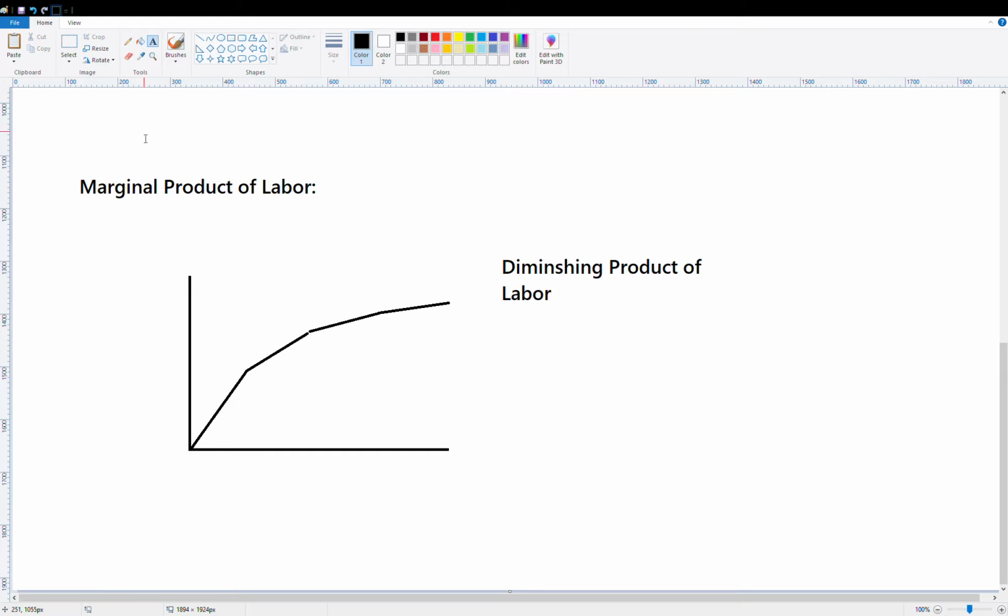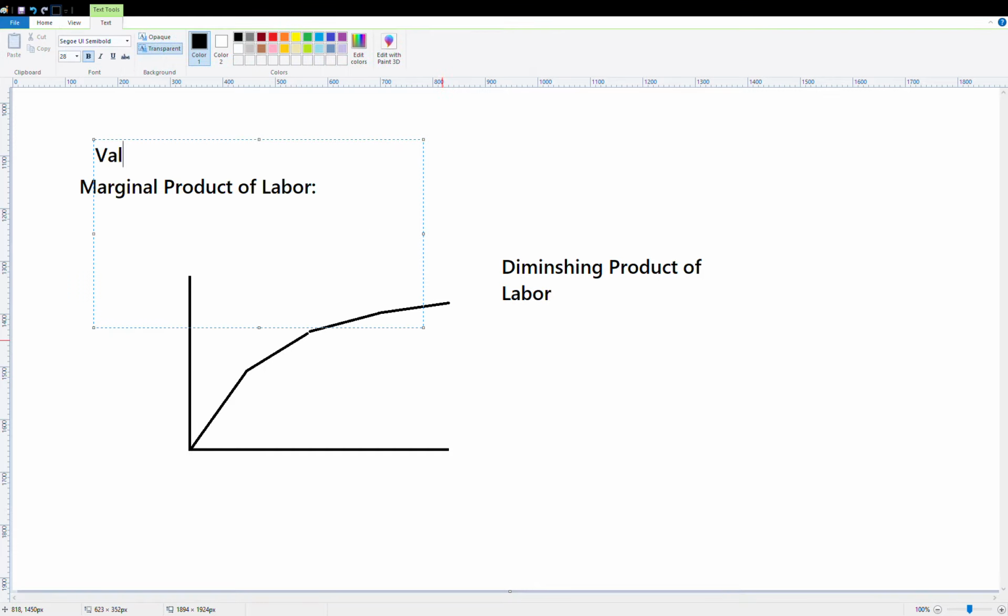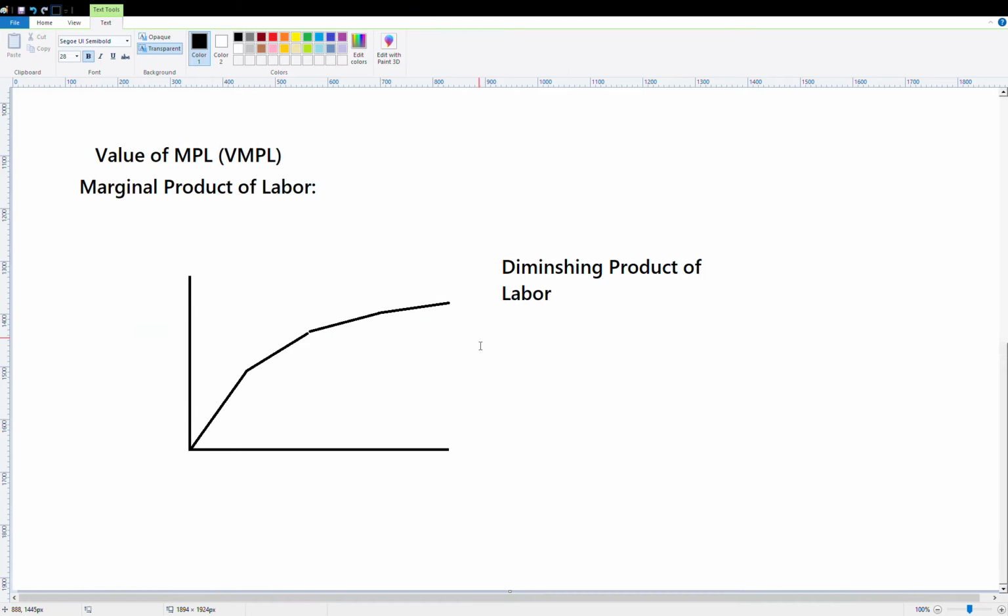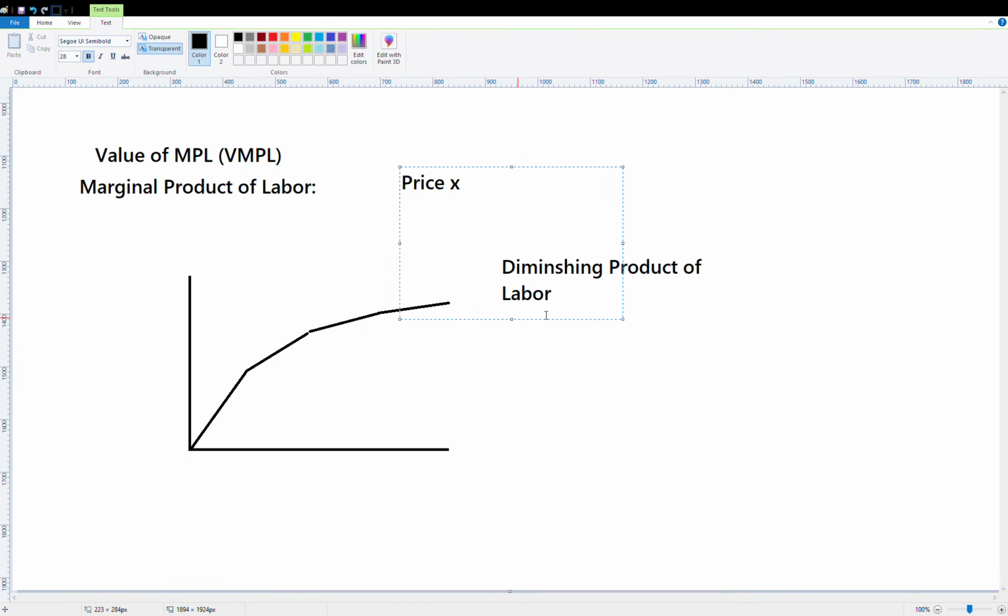Then there's the value of marginal product of labor, also the VMPL. That's basically the price multiplied by the marginal product of labor.